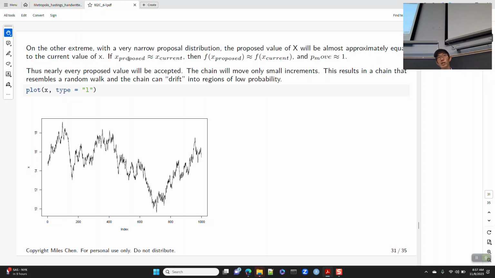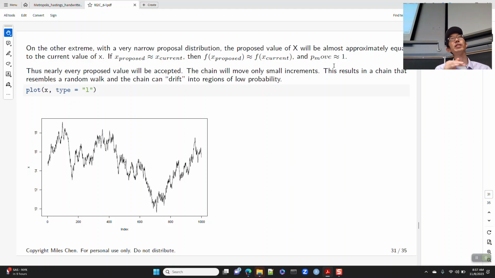And so basically, my x proposed value is very, very similar to my x current value, which means my f of x proposed is very, very similar to my f of x current, right? And that means my probability of moving is going to be close to 1 for almost all of these. So pretty much if I start off at 15 and I say, hey, I propose 14.8, should I accept it?